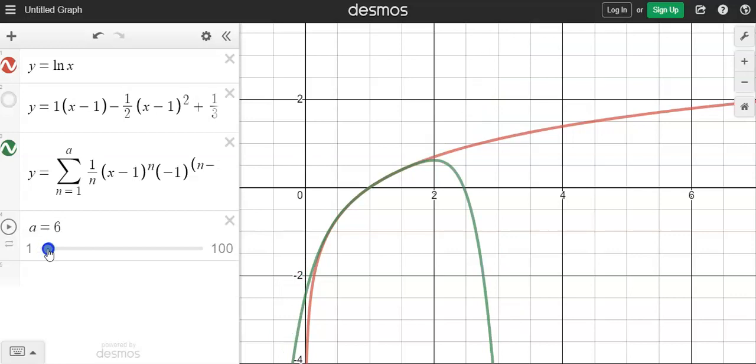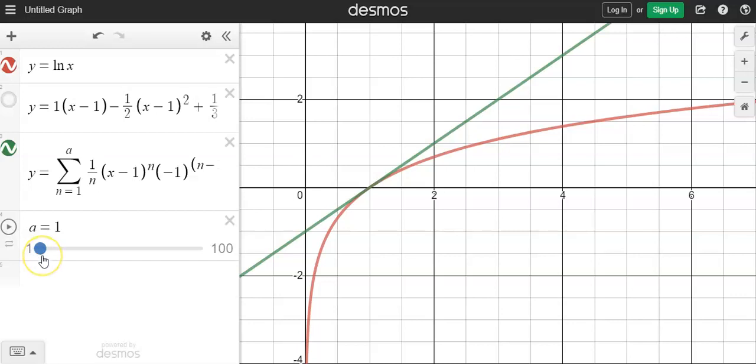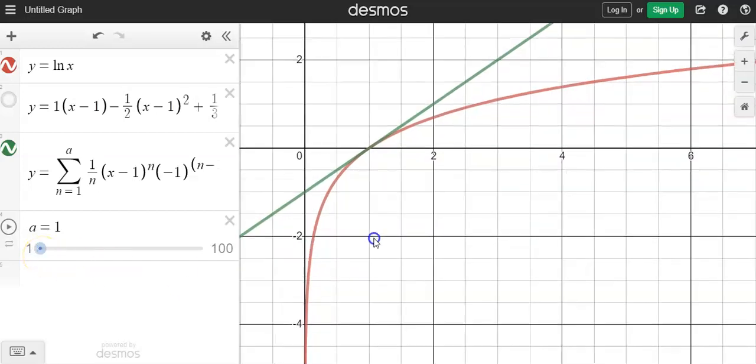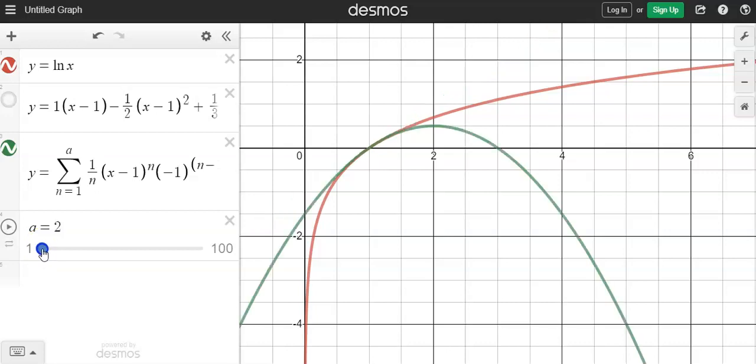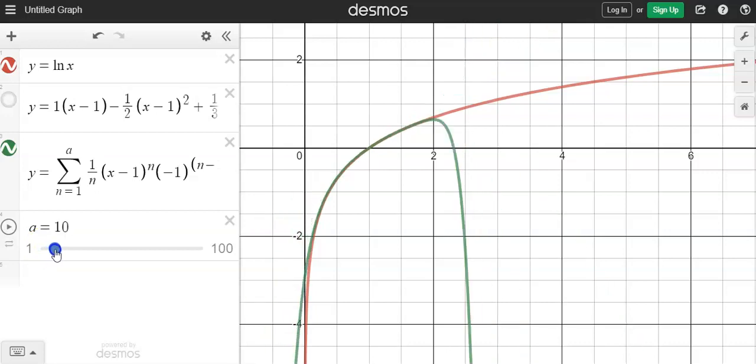And then after that, we just say 6th degree, 7th degree, 8th degree, 9th degree, 10th degree, 11th degree. Do you see it? It appears as though this Taylor polynomial for the natural log of x converges very nicely onto the natural log of x function as the number of terms grow.